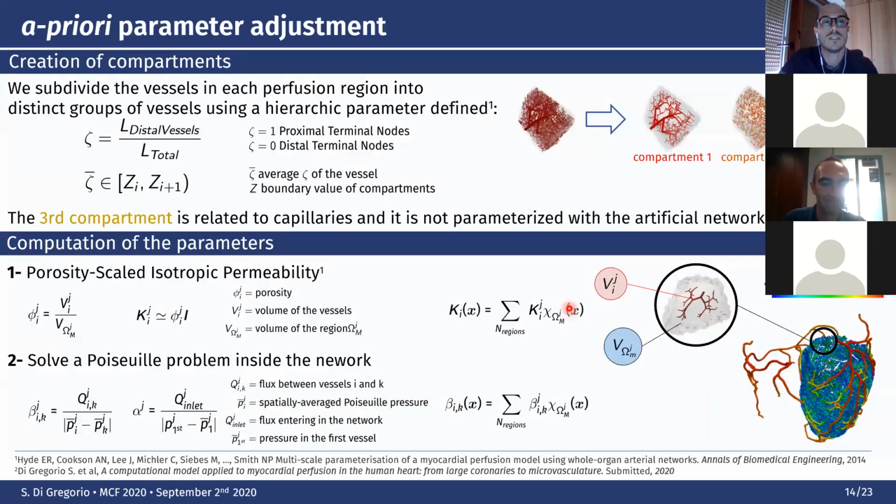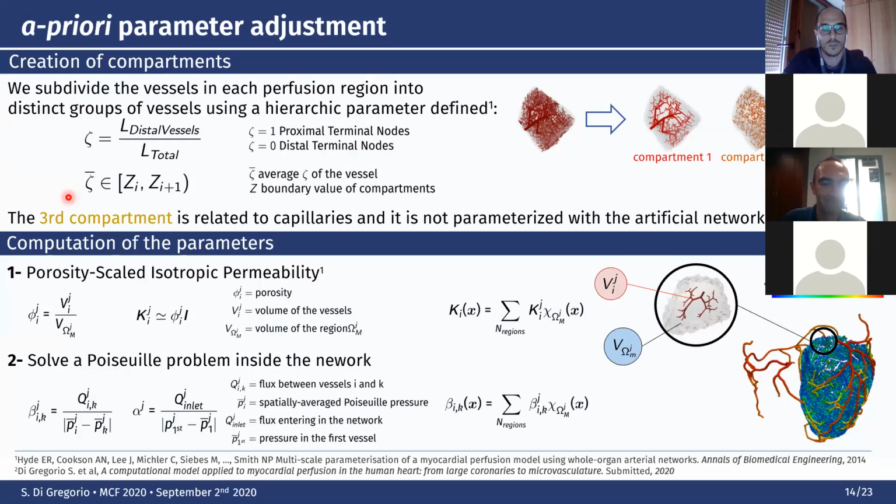In the first parameter estimation phase, we subdivide the intramural vascular network into distinct groups of vessels, one for each compartment. For each node of the network, we define a hierarchic parameter, and a node belongs to one compartment or another depending on the value of such hierarchic parameter.